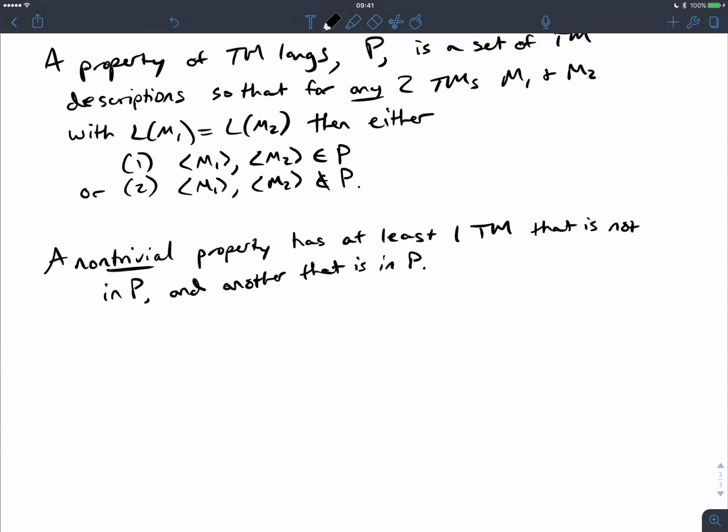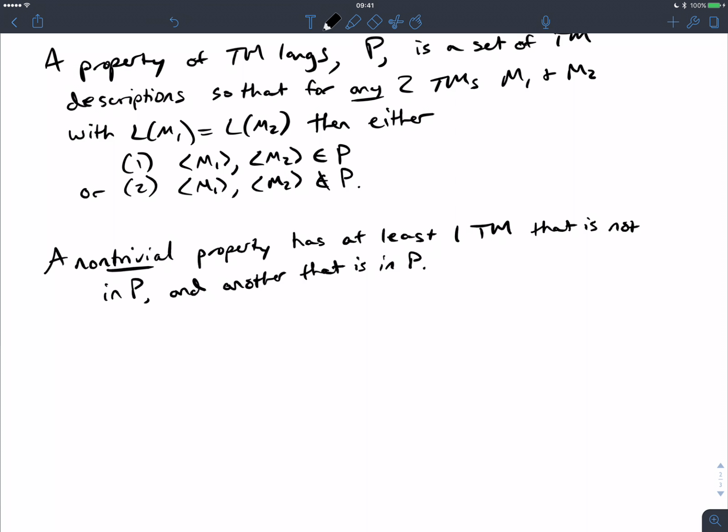Would ATM be a non-trivial property? Be careful. Is it a set of Turing machine descriptions? What are you given for ATM? A machine and an input. Is that a set of Turing machine descriptions? No. It's a set of descriptions that have a machine and an input, so I can't qualify it under a non-trivial property.